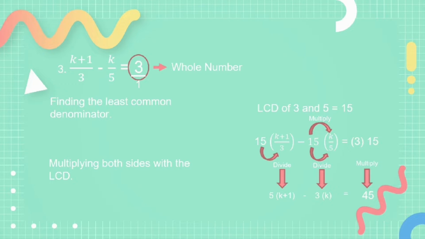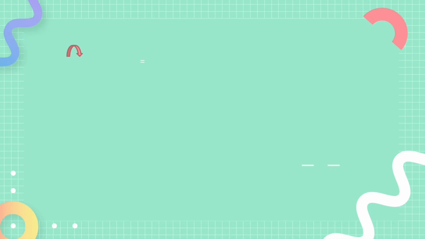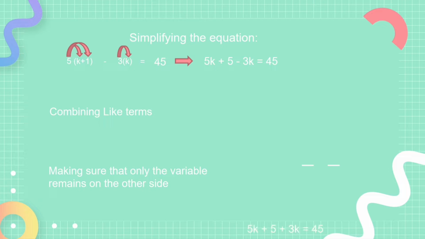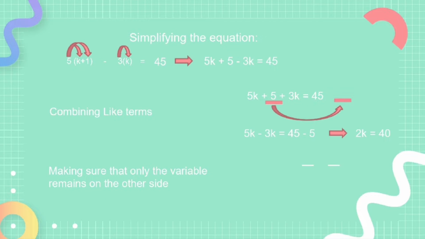That will give us the result of 3k. Now, our equation will look like this. If we simplify it further, it shall become 5k + 5 - 3k = 45. Next, we combine like terms by transposing 5 over to the other side, not forgetting to change its sign, making it 2k = 40.